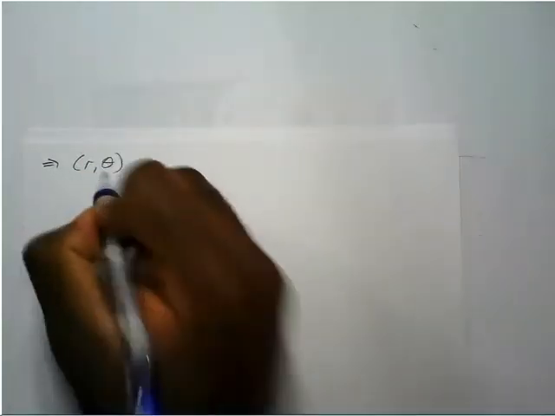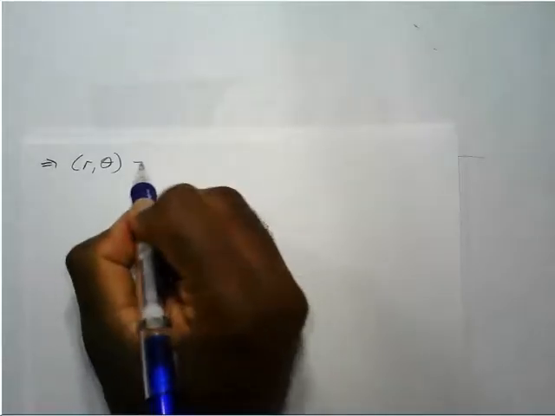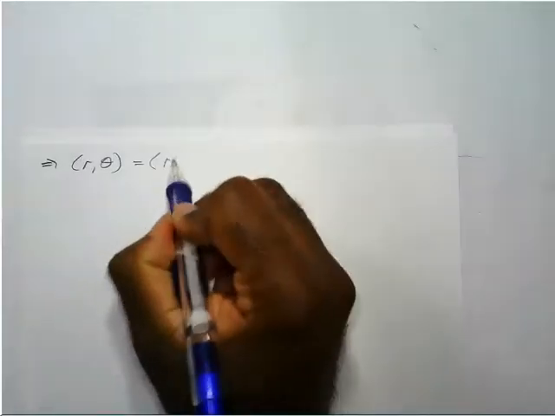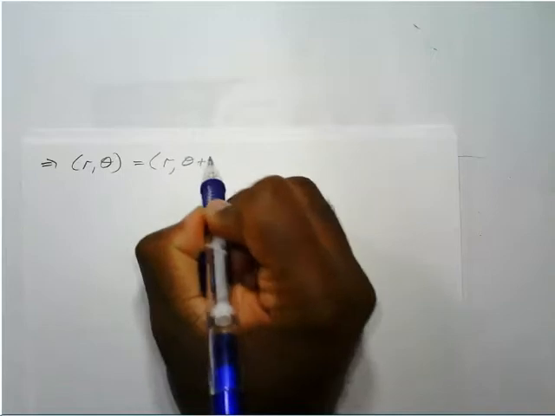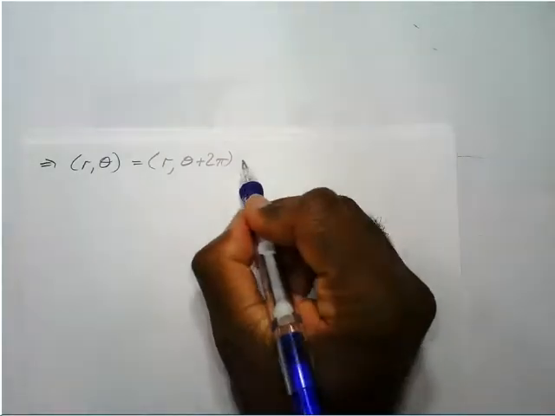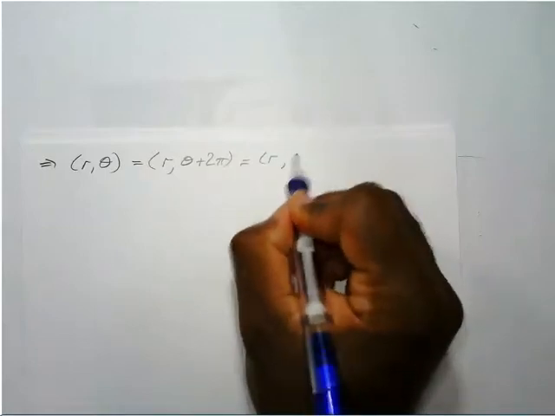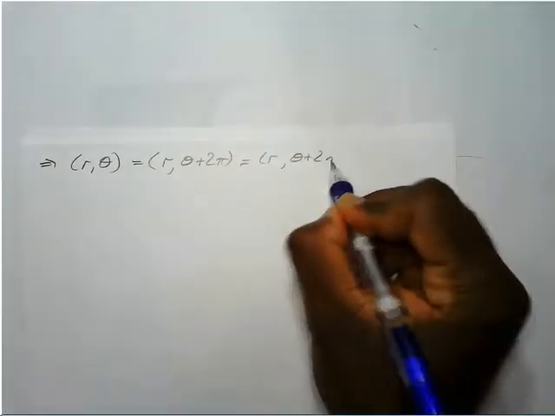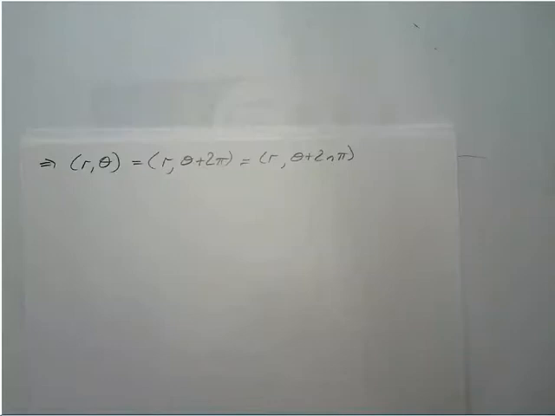To give you an idea, if we have (r, theta), then that's the exact same as (r, theta plus 2 pi), or (r, theta plus 4 pi). So you have r, and you have theta plus 2n pi.